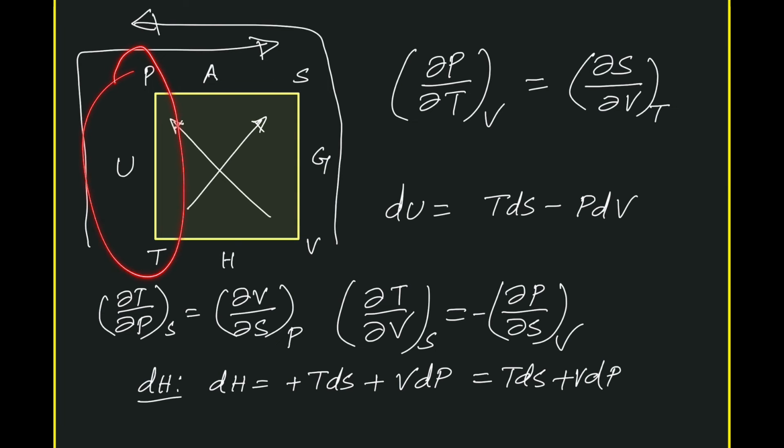T and P are in one vertical, and S and V are in another vertical line. Since we are connecting two verticals, there is no negative sign.